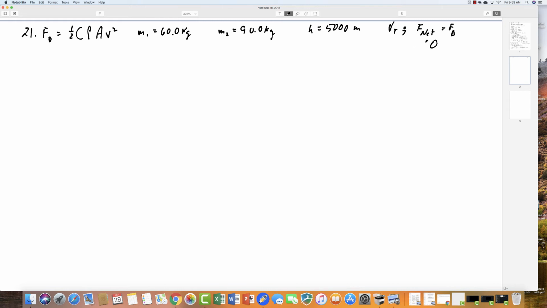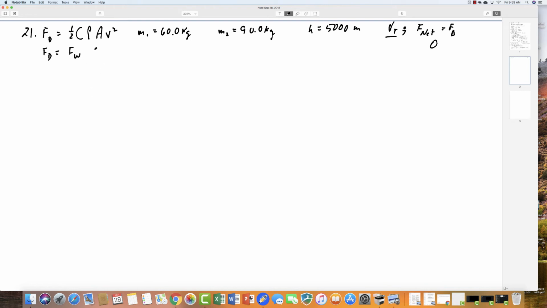And so they're no longer accelerating. Terminal velocity is the velocity they reach where they quit accelerating. And so that means that FD for both of these guys is equal to their weight.